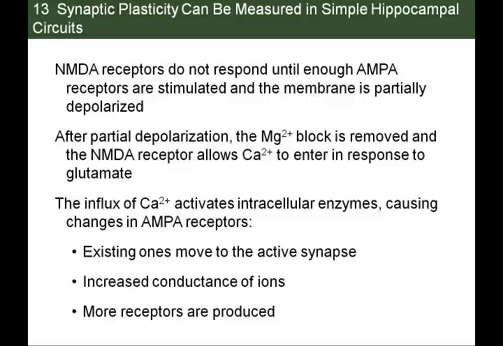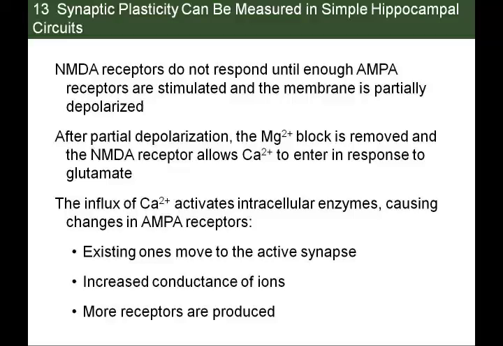This positively charged magnesium. Yes? Because there's an influx of Na. Exactly, precisely. Depolarization means that the inside of the cell becomes more positively charged because sodium is coming in, Na positive. And because it's becoming increasingly positive, the magnesium, which is also positive, is repelled.